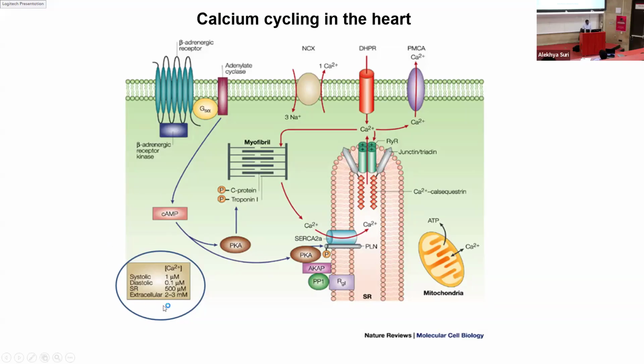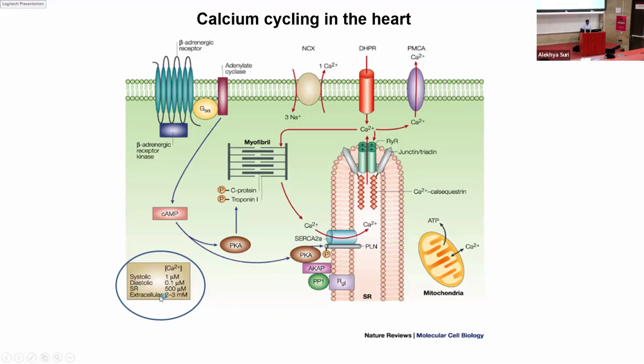Okay. And if you look at the small box here, it shows the calcium concentration in different conditions. The sarcoplasmic reticulum has almost 500 micromolar calcium, so it has a large amount of calcium stored in its lumen.